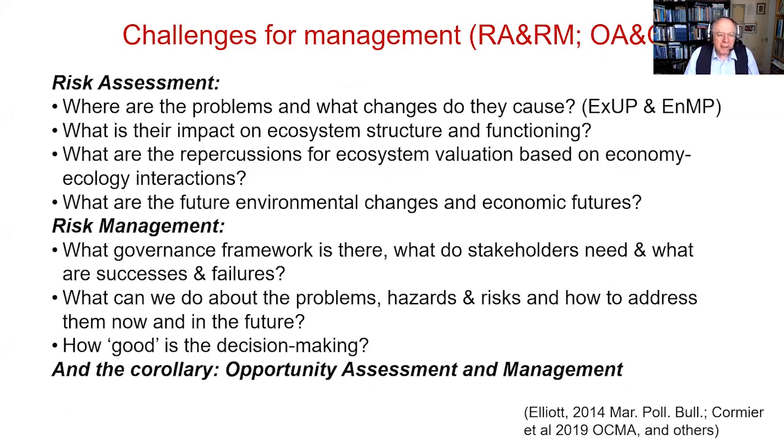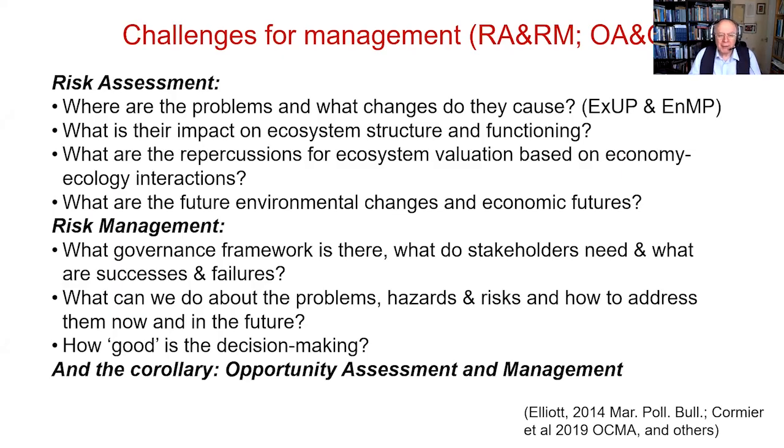So the next point in all this is when we look at the problems that go from the land into the sea and the solutions, in essence, what we're doing is risk assessment and risk management, which is exactly the same if you were running a company. You would be carrying out risk assessment and risk management.